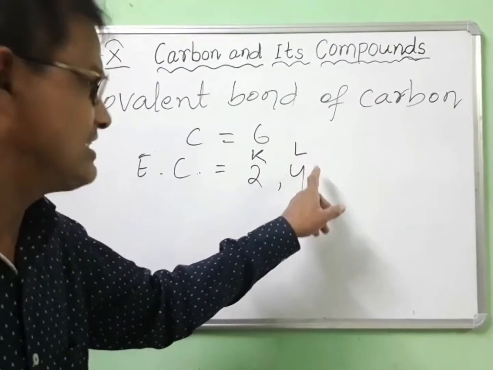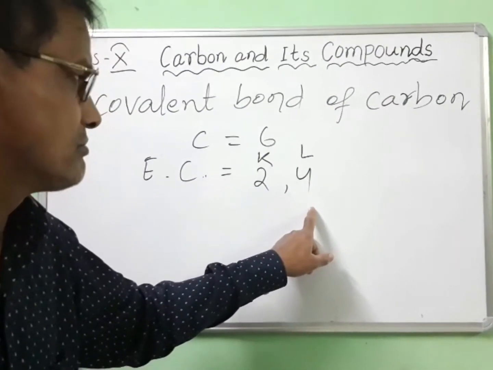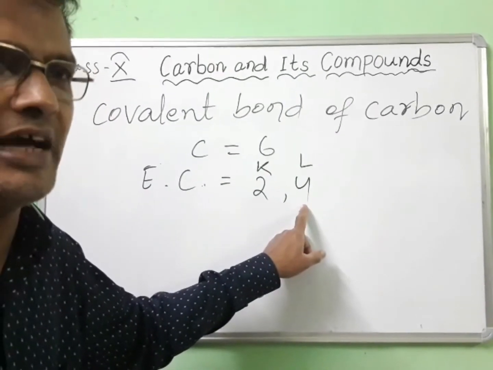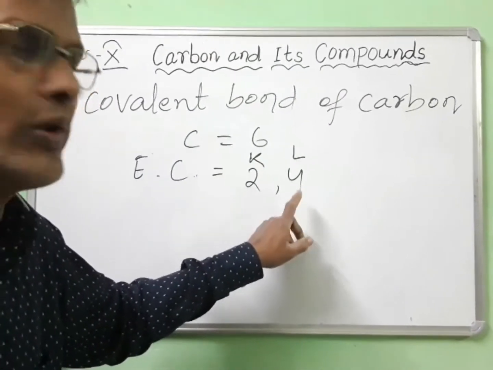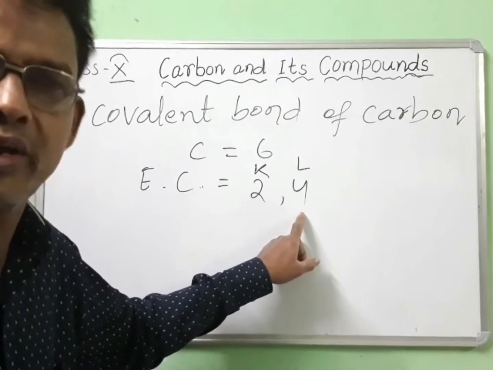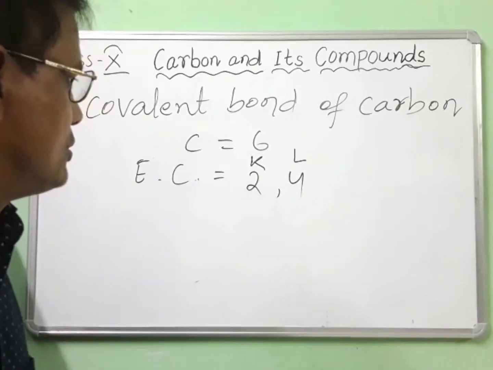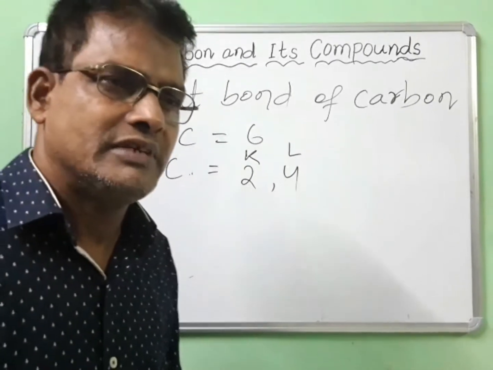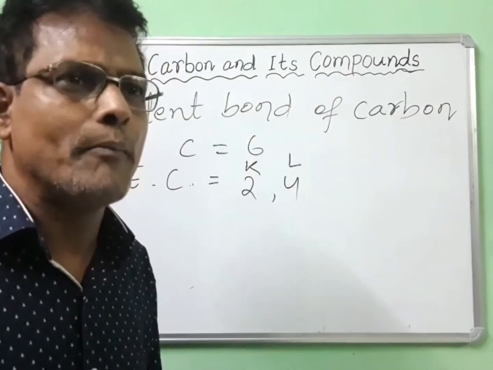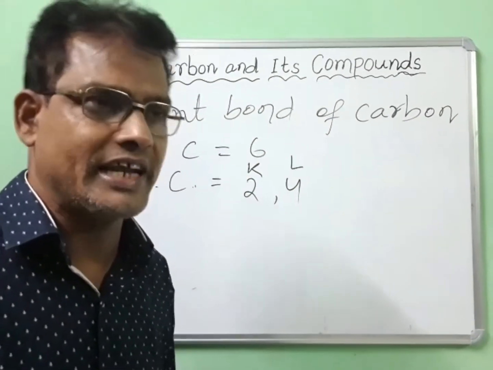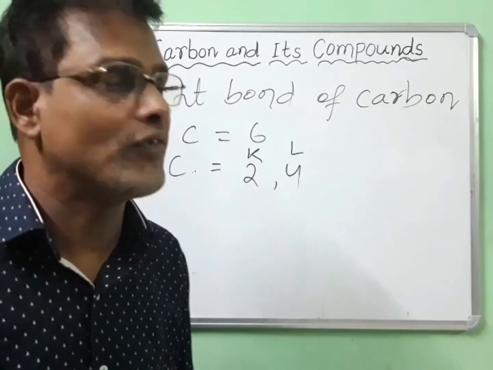The second shell, that is the outermost shell of carbon, contains only 4 electrons. So carbon can complete its octet in the following two ways.